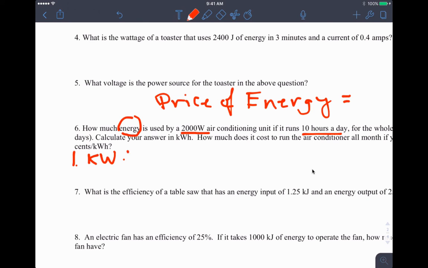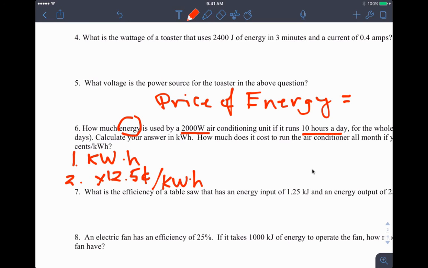That's probably the hardest part, because the second step is just, once you get it in kilowatt hours, you multiply it by the charge. In this case, it's 12.5 cents for every kilowatt hour. If I have 100 kilowatt hours, I just have to multiply that by 12.5 cents. But getting the kilowatt hours is the tricky part.